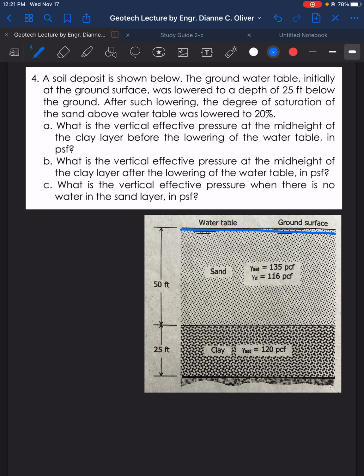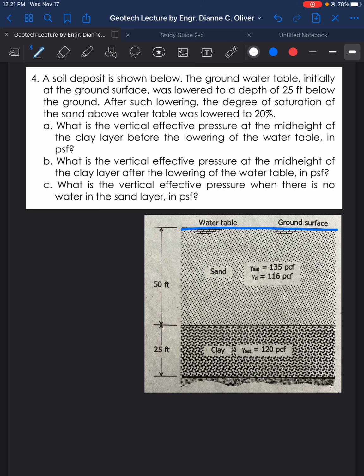So this is the initial condition. This is the water table. Okay. So then it was lowered to a depth of 25 feet below the ground. After such lowering, the degree of saturation of the sand above water table was lowered to 20%.